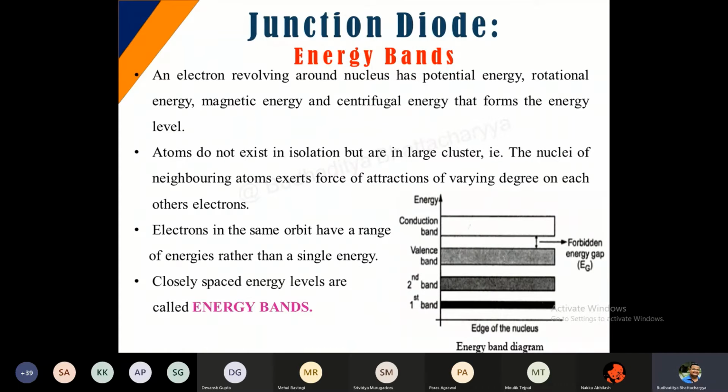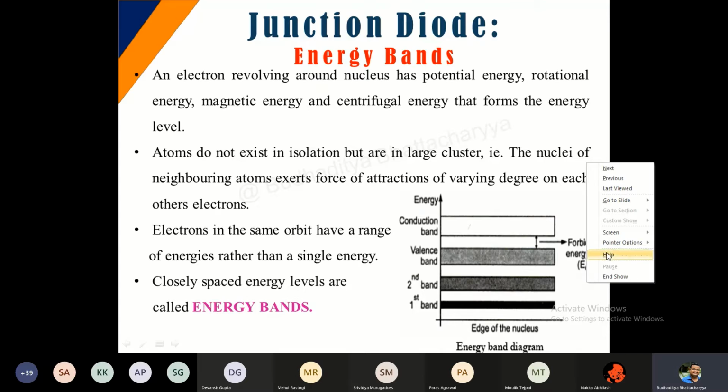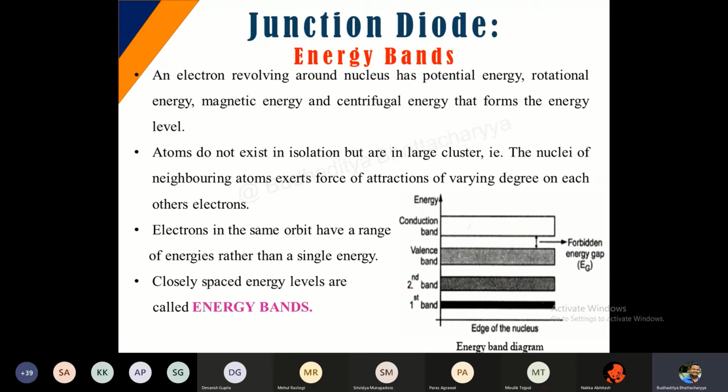Now, as I was discussing, when the electrons are orbiting, we are calling them, in terms of our discussion, energy bands. We are only focused on that. If you observe carefully in this diagram, the valence band is a band of energy.